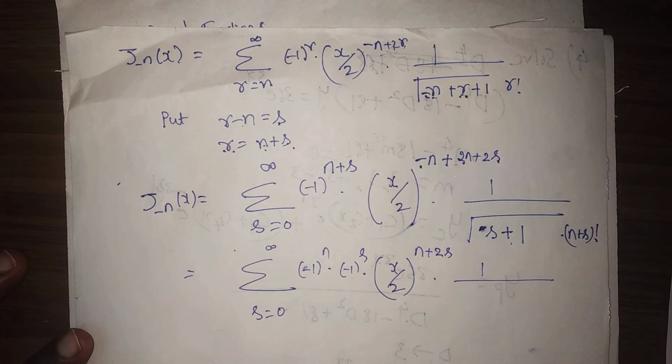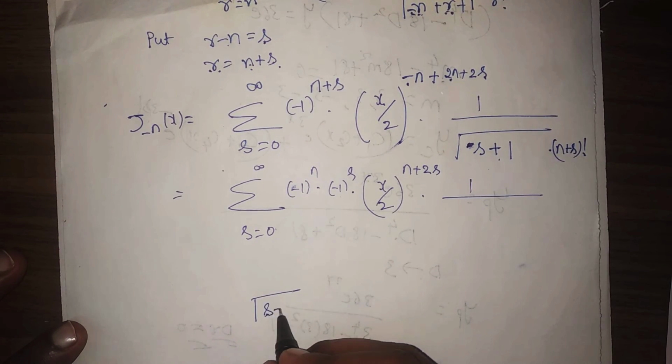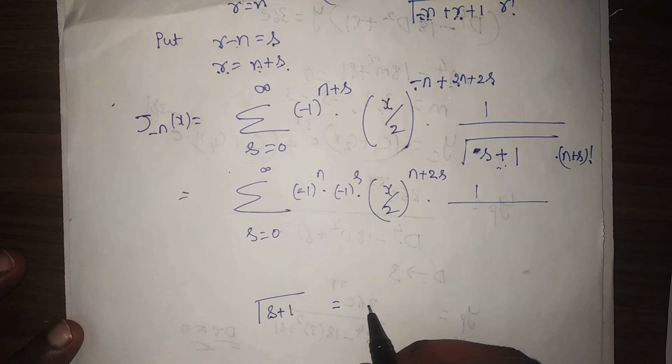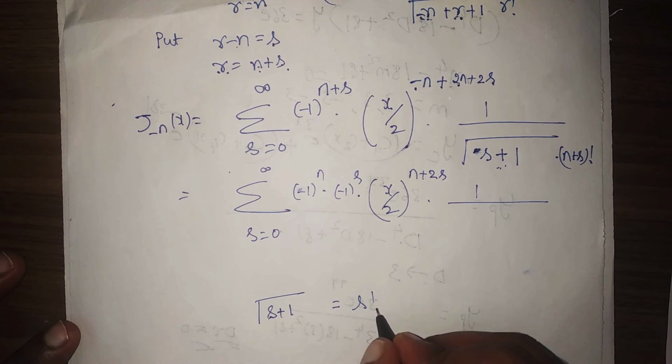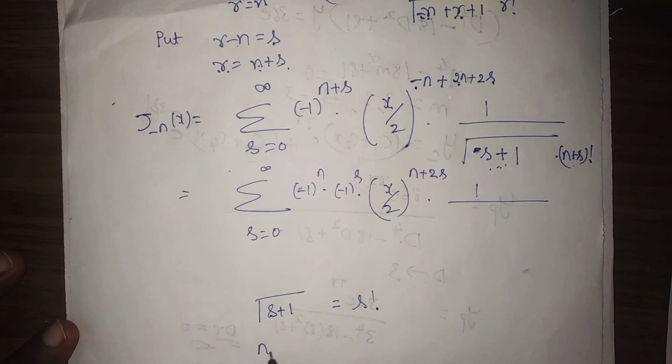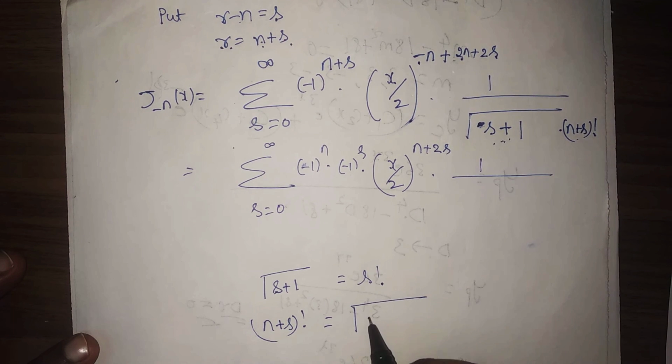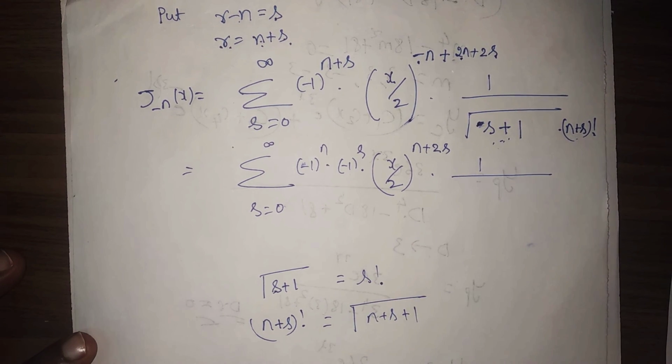Gamma of s plus 1 in the denominator can be written as s factorial, and this n plus s factorial can be written as gamma of n plus s plus 1.